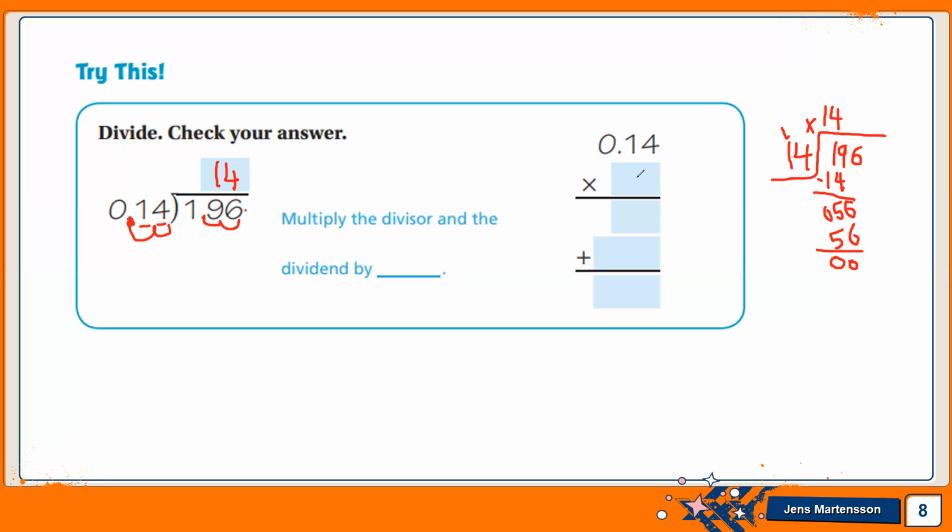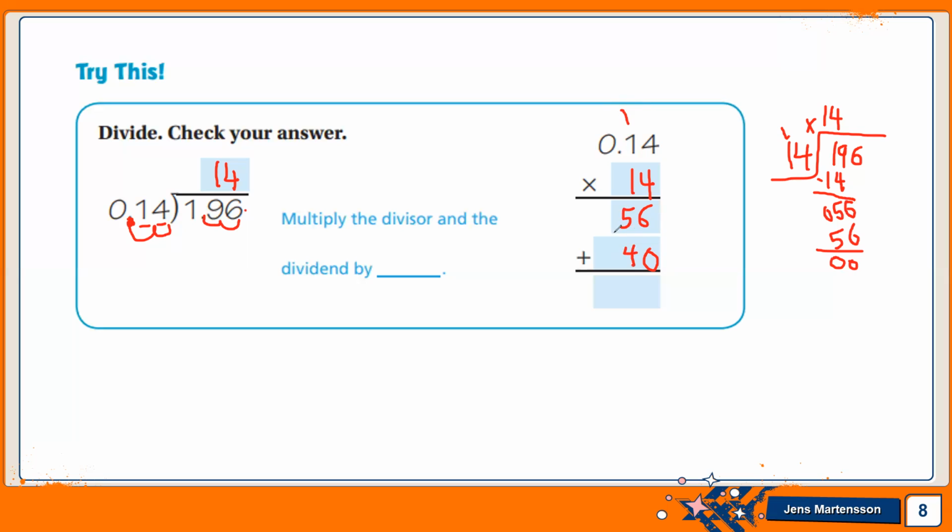If you want now to check your answer, multiply 0.14 by what? By 14. Yeah. 4 times 4, 16. Bravo. 4 times 1 plus 1, 5. Bravo. Then what do you have to do next? 1 times 4 is 4.